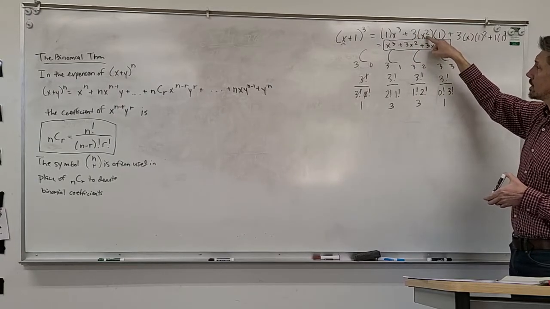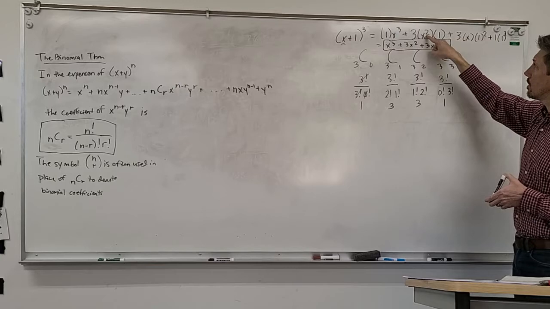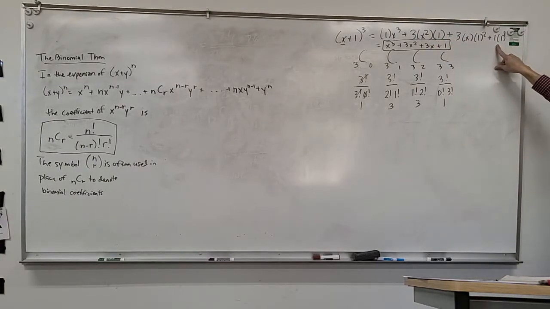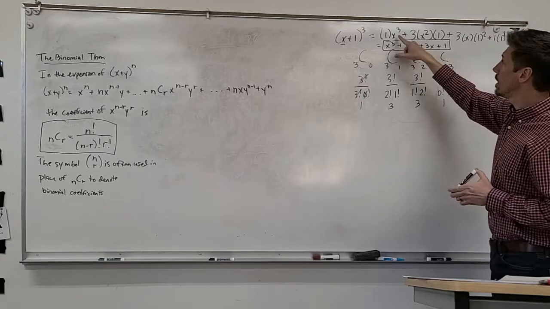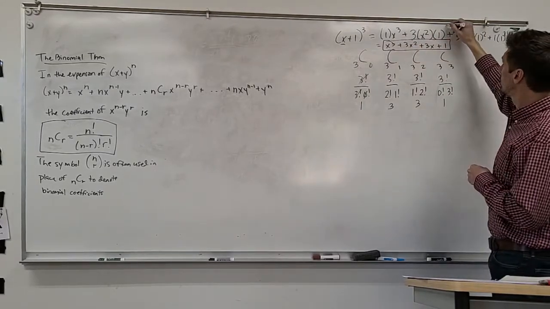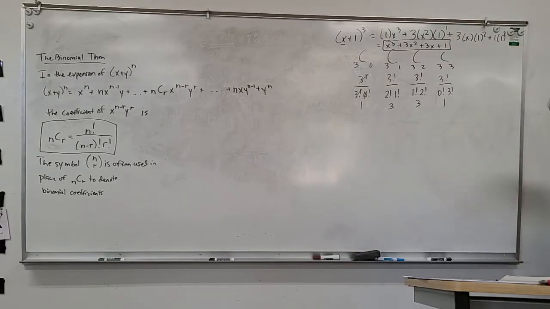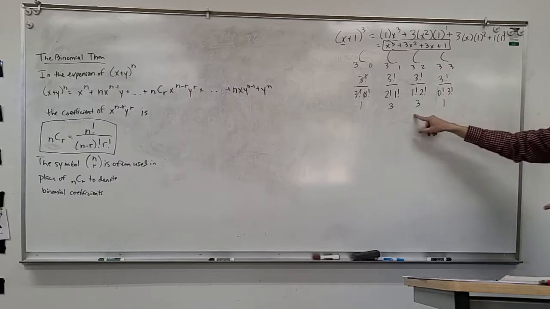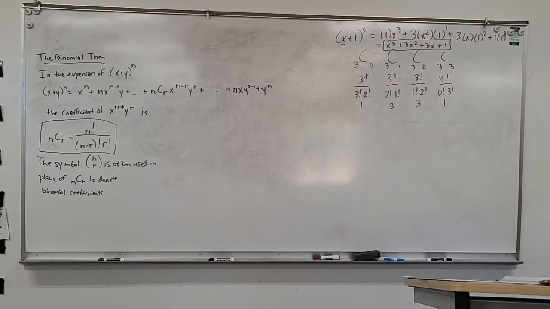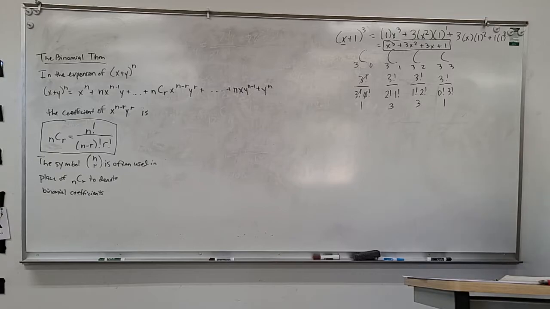In each term it's going to go down 1: x squared here, x to the 1 here, finally x to the 0 totally goes away. The 1 is not in this term at all, but it's going to go up each time. So this is 1 to the first power, 1 to the second power, and finally 1 cubed to get all the way to the end. And then you just plug these coefficients in front of it and simplify. So that's the method for doing this, rather than trying to do FOIL multiple times.